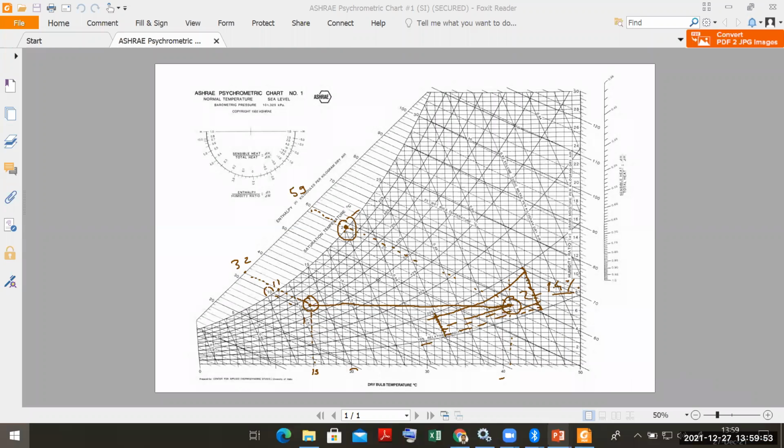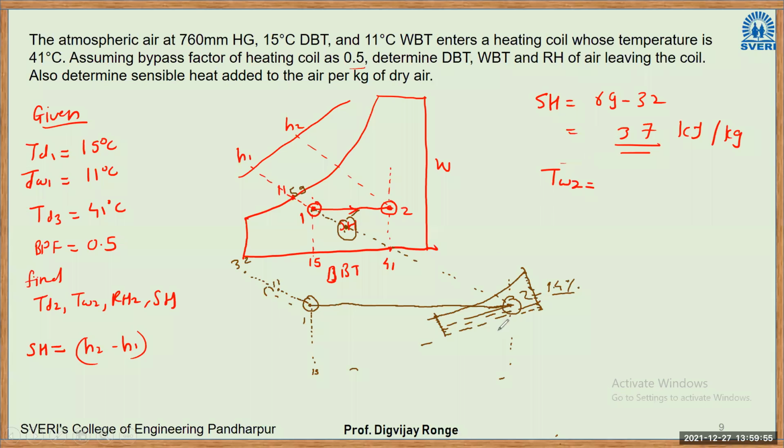So let us take it as 20.5. So here TW2 can be taken as 20.5 degrees Celsius. RH, we have calculated as 14%, right? This way we'll get all the values. So it is all about practicing. The more you practice these numericals, the more you will get the answers.